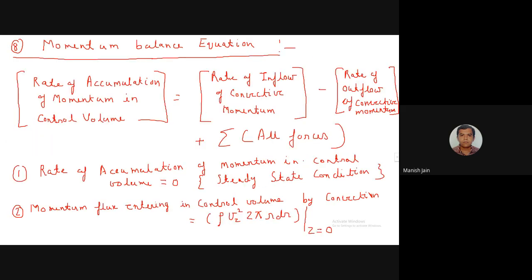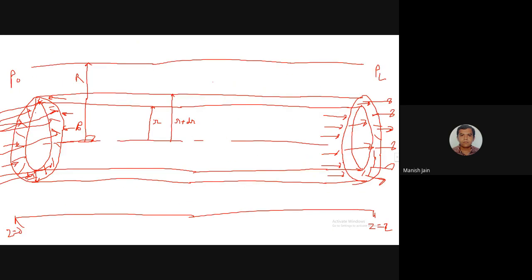Basically you have to check the outer surface. From the outside, this is the positive direction of z and this is the negative direction of z. At z equal to L, the pressure is applied in the negative z direction. At z equal to 0, the pressure is applied in the positive z direction.